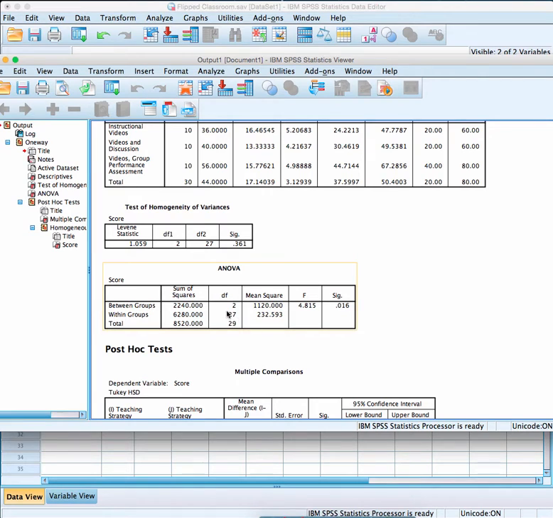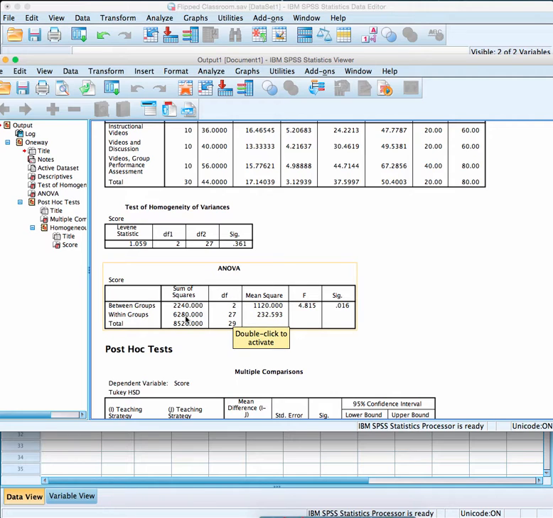The within groups variability, again, we divide the degrees of freedom into the within groups variability of those t-test examination scores. And the degrees of freedom in this case are the total number of participants in our analysis minus the number of groups. So we have 30 individuals, we have 3 groups, so 30 minus 3 is 27.